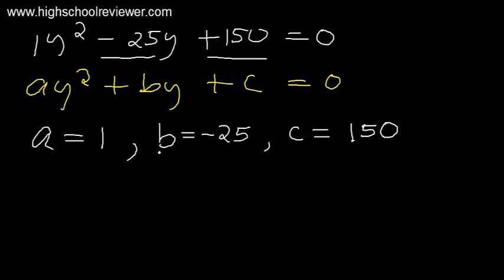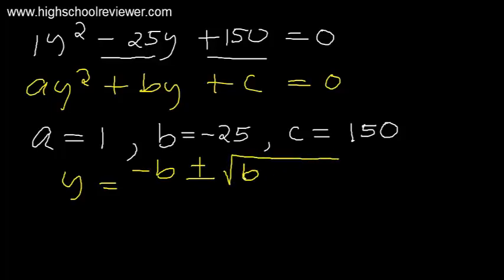Okay, so our quadratic formula now, y equals negative b plus minus the square root of b squared minus 4ac, and this will be divided by 2 multiplied by a.